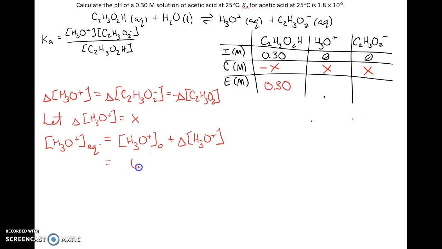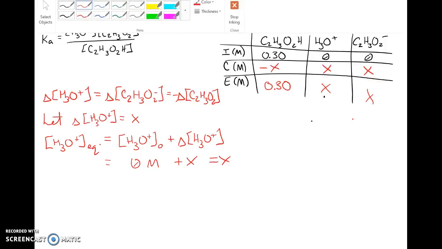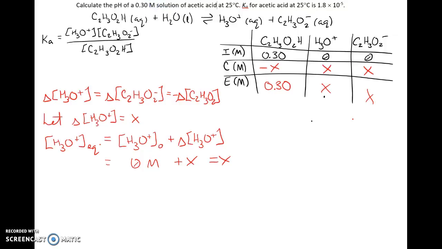So this equals 0 moles per liter plus X, which is equal to X. So the concentration of hydronium ions and the concentration of acetate ions at equilibrium is X. Now we have the information that we need to determine pH. So equilibrium concentrations are what we will be working with here.